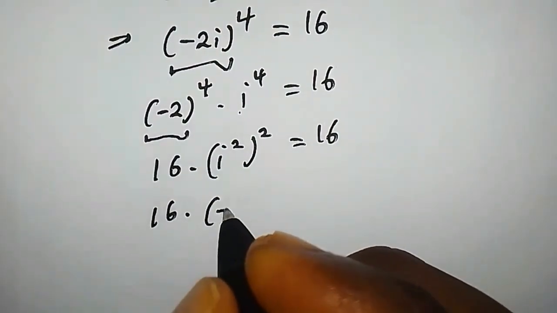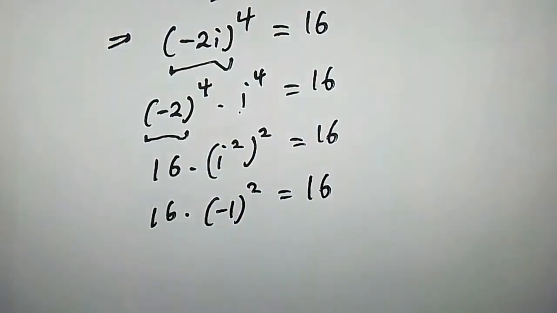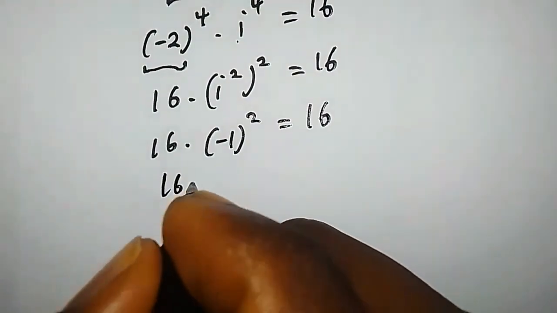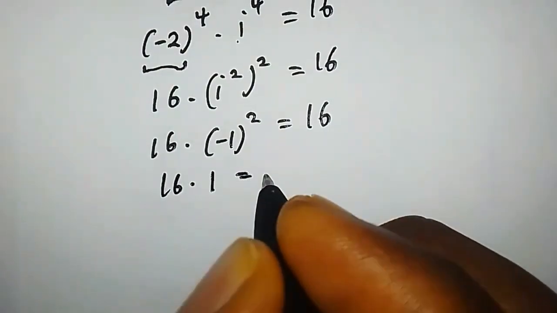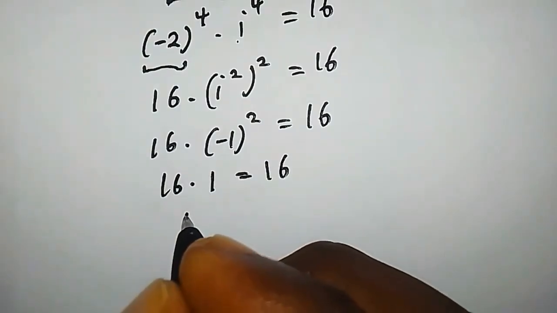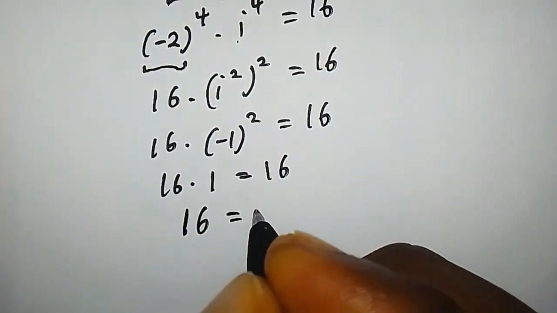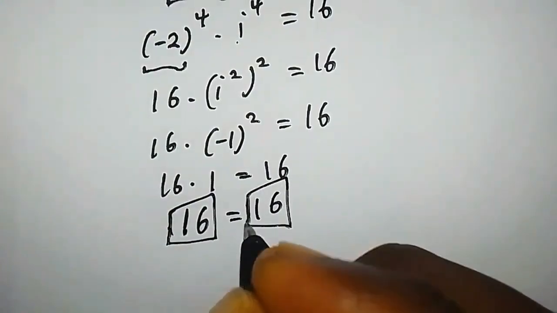So we have negative 1 here, all to the power of 2 equal to 16. 16 times (minus 1) all squared is what? That is simply 1. 16 times 1, we have 16 equal to 16. The left hand side is equal to the right hand side.